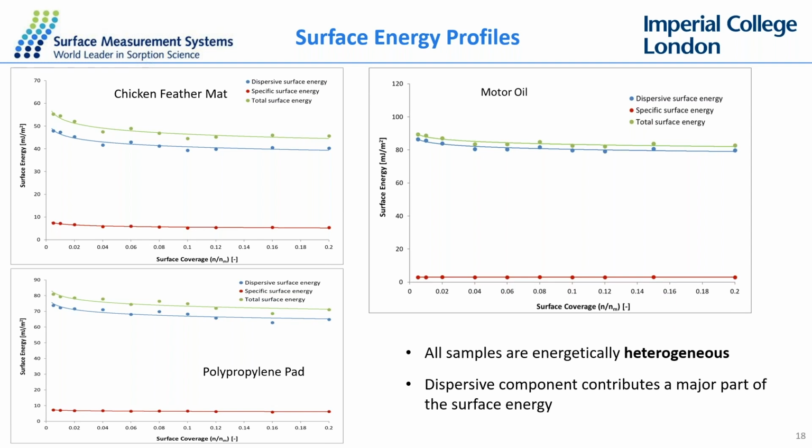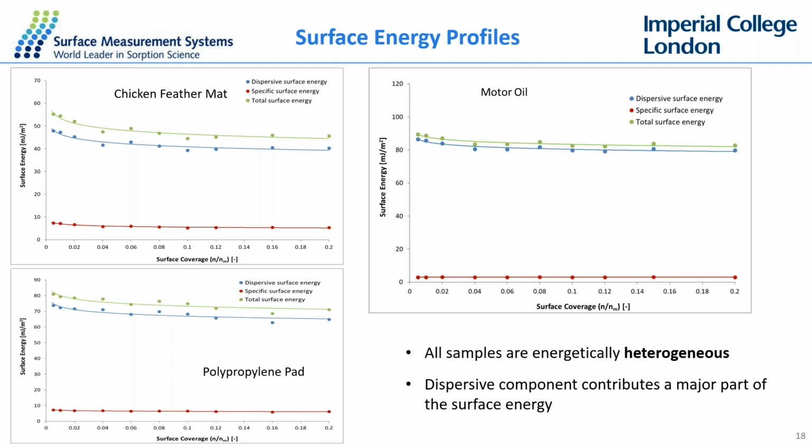Now, when we look at the total surface energy, which is divided into two components, we have the dispersive, as I mentioned earlier, and the specific. The dispersive surface energy was determined using the net retention volume for a series of alkane eluents.